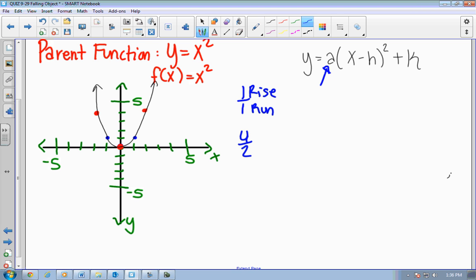If it goes down, then it flips. And when does it flip? When A is negative. So we're going to write A is less than 0, meaning it's negative. It flips. The graph will flip.